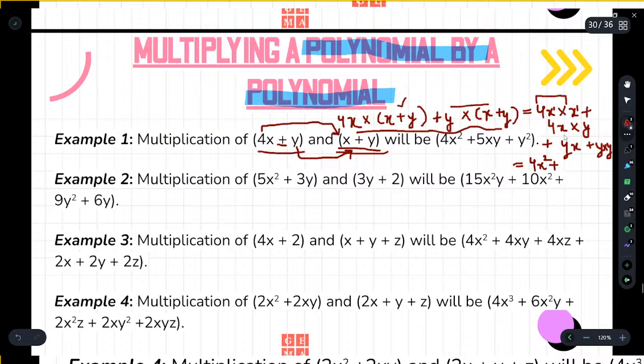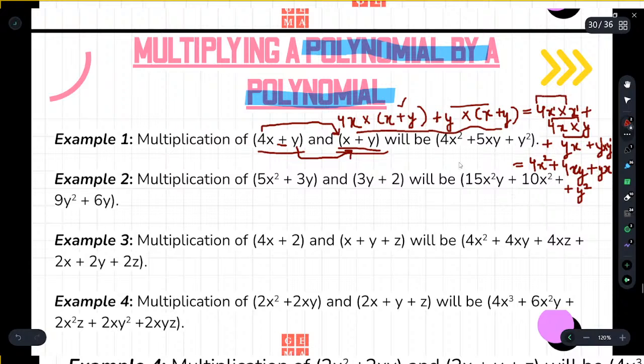Plus 4x into y, multiplying the coefficients, which will give us 4, and x into y is xy, multiplying two different variables. Now yx is yx as it is, and y into y will be, multiplying the coefficients will give us 1, and y into y means adding their individual powers 1 plus 1, which is 2. So y raised to the power 2.